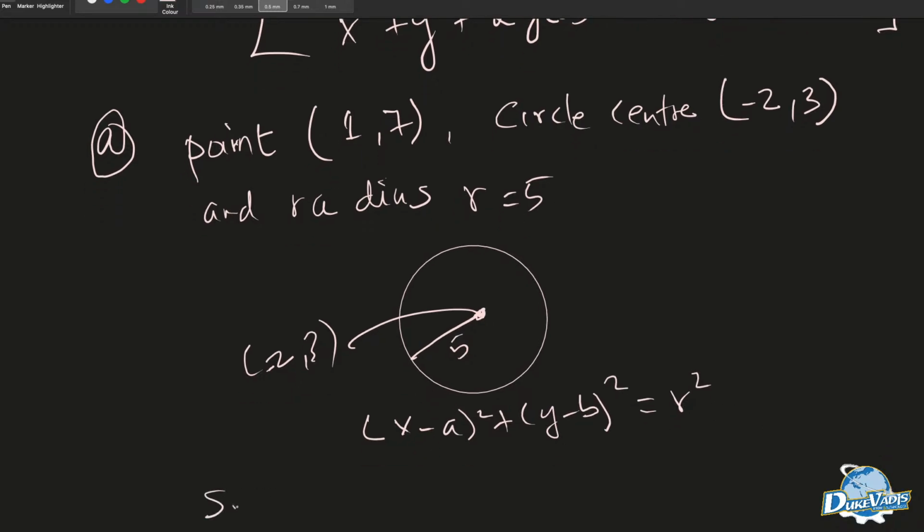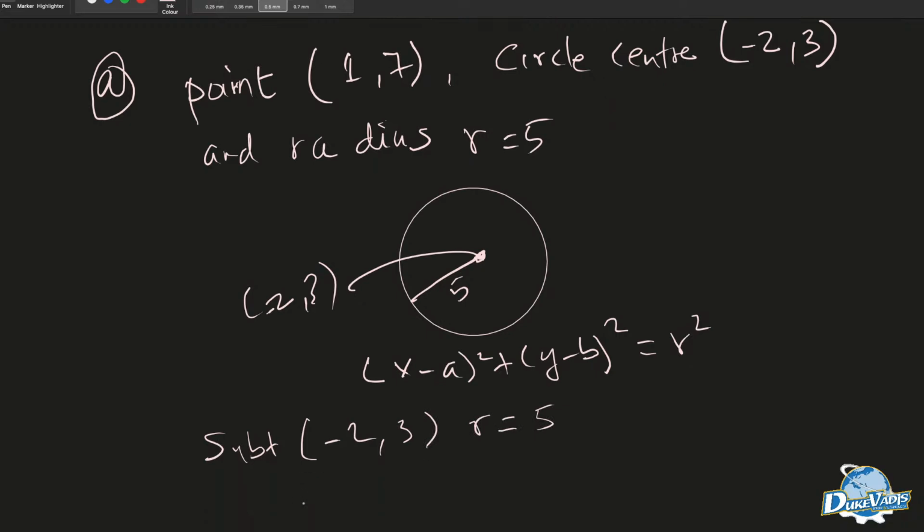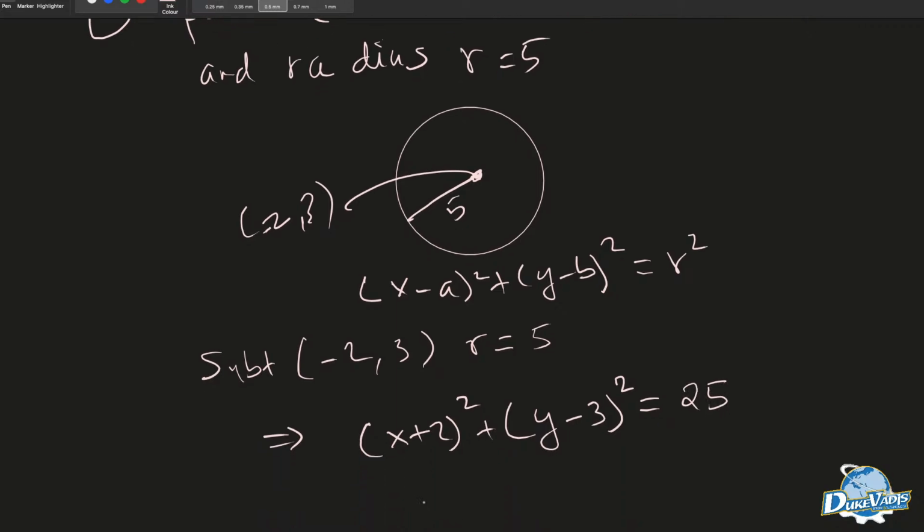When we substitute the center into the equation, knowing r to be 5, our equation will be (x plus 2) squared plus (y minus 3) squared is equal to 25. So this is the equation of the very circle we defined.